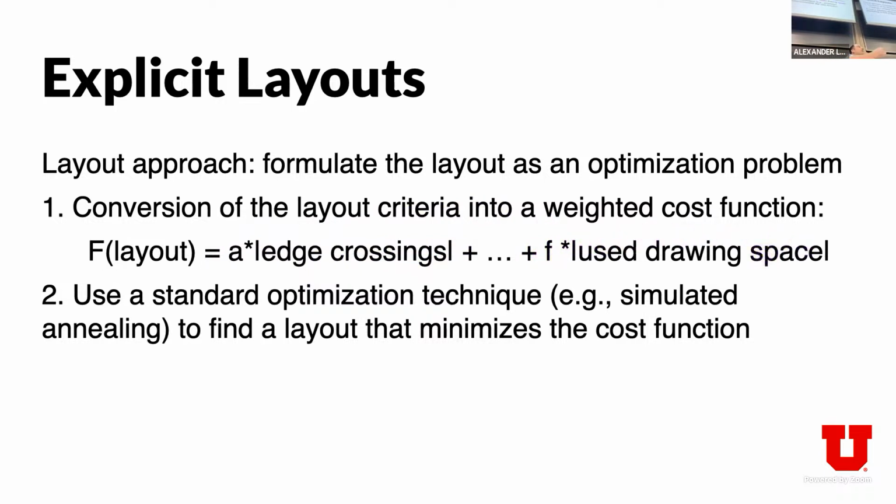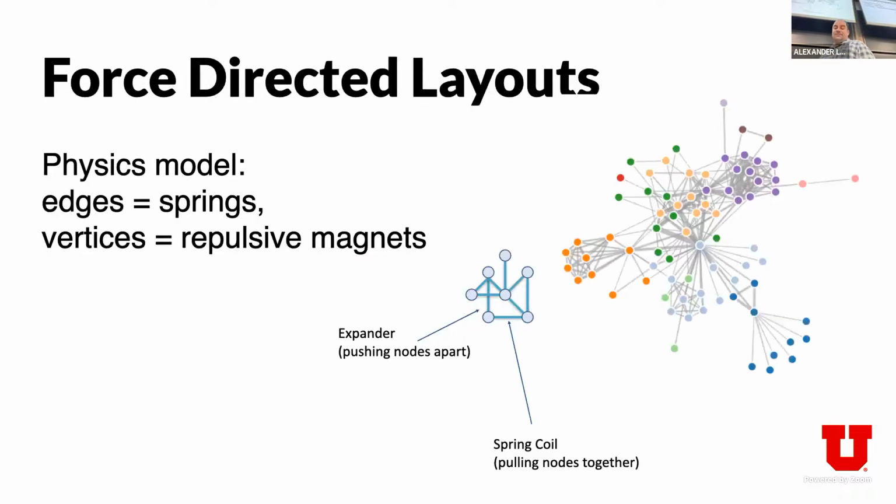So in theory we could specify that my network should have these properties, and then we could use a standard optimization technique to minimize that function, and that would be our layout. We could use something like simulated annealing to find a layout that minimizes the cost function. And this is actually how a lot of network layout works. That is a very common thing to do.